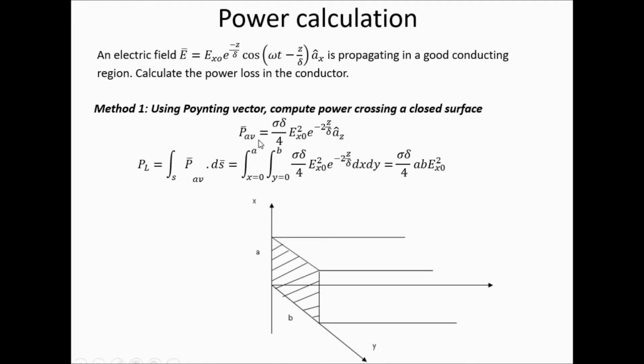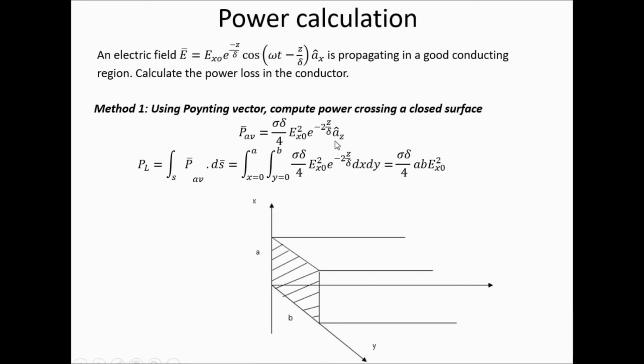The time average power expression is this one, which we obtained before: sigma delta over 4 E x0 squared e to the power negative 2z over delta a_z. We found this expression in the previous slide, so we choose it.